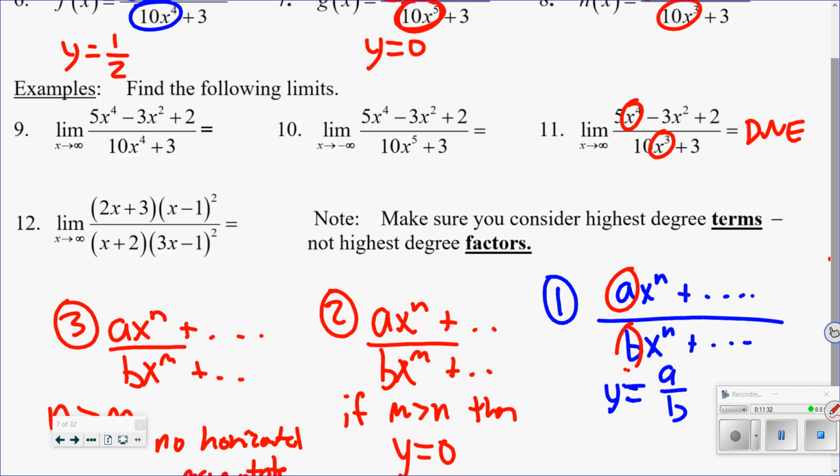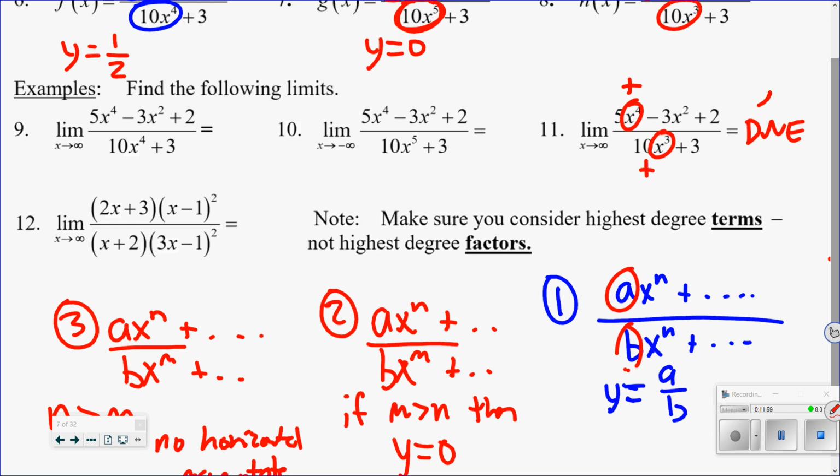So let's think, if I plug in really big numbers. Again, it doesn't really matter what follows the 5x to the 4th and the 10x cubed, because those higher powers are going to take over. So if I plug in numbers to the right, am I going to get a positive or a negative? If I plug in really big numbers on top, that's definitely going to be a positive, because you're taking that number to the 4th power times 5. On the bottom, I have 10 times, again, a positive number.